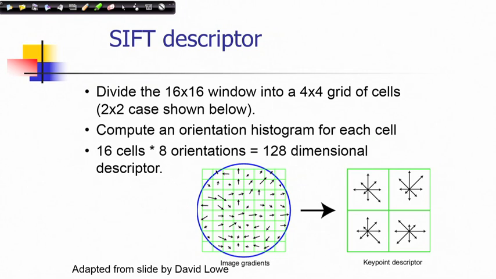Each one gives you an 8 dimensional vector. Since there are 16 cells, if you concatenate all those vectors in some order, that gives you a 128 dimensional descriptor. That is your SIFT descriptor.